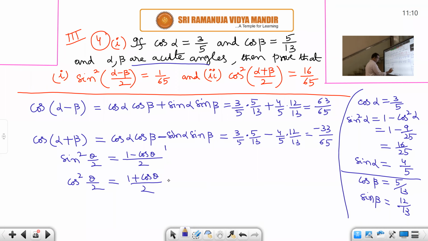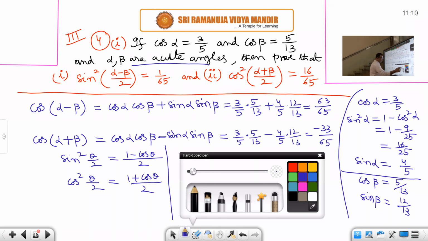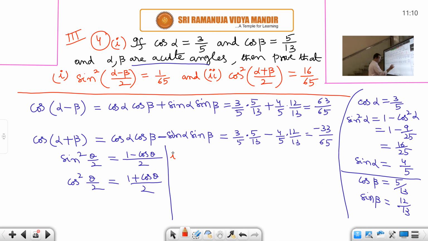Okay, now I'll remove this. I'll put a vertical line here. Now he wants sine square alpha minus beta by 2. In the question, the first bit he has asked is sine square alpha minus beta by 2. Using this first formula, it is equal to what? Tell me.